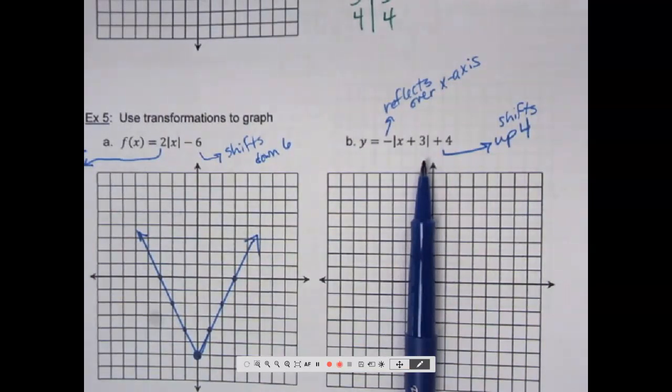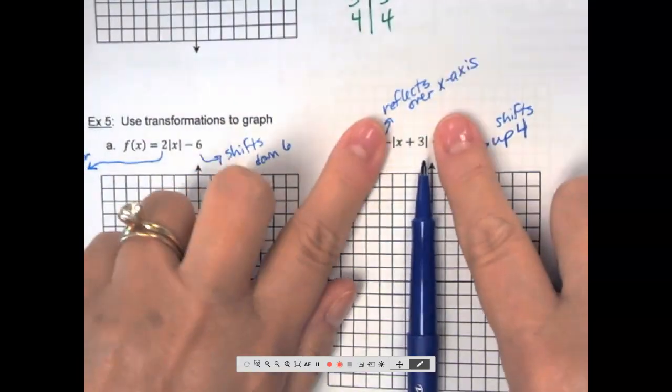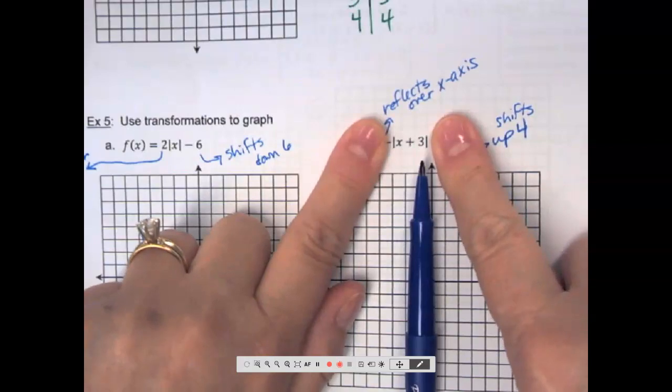Right 3? Maybe. Yeah, you have the right translation. It is going to go horizontal. This is the one, I don't know if you remember with parabolas, where inside the parentheses was kind of opposite of what you would expect. Plus will actually go left, and minus will go right. Now, the way you can remember that is, what will make that 0 inside there?